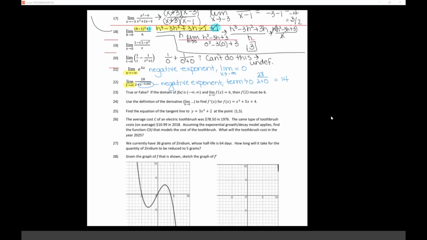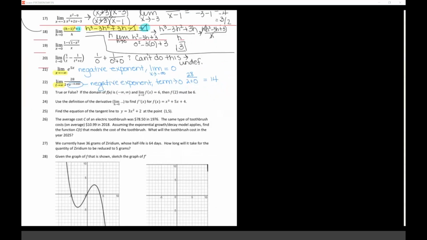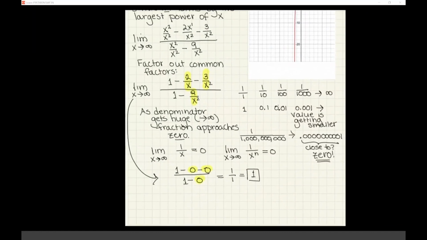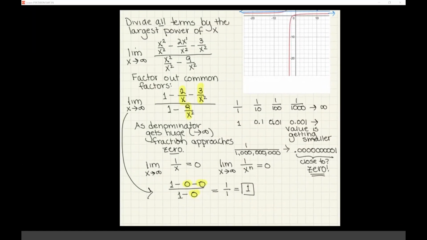Here's what I'm asking you. Can you build a function that has a discontinuity at x equals 2, but it's defined there? In other words, put a hole at x equals 2. Let me show you what I'm talking about. Let me put another page in here.